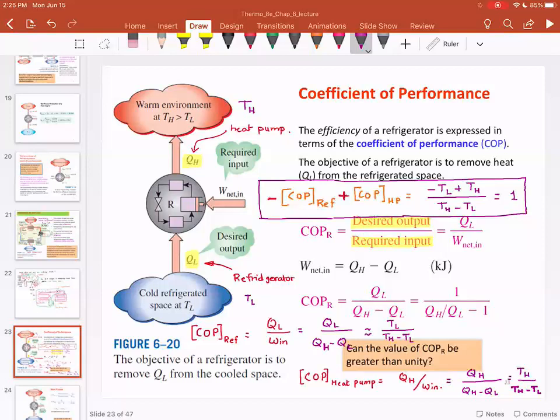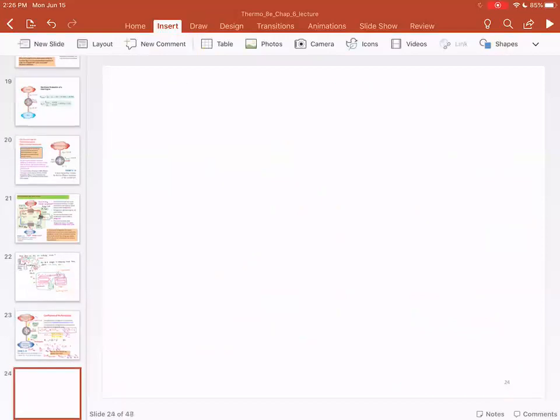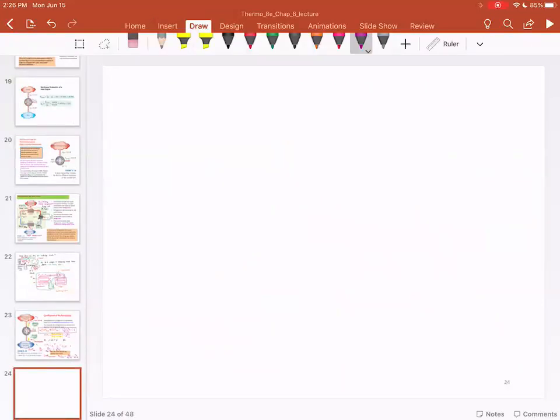Now let me ask you this question. So what you want to do is you want to heat a space, okay? And you have 2 options. Either you can use a heat pump or you can use an electric heater. So it's a design question. So I have this space that needs to be heated.